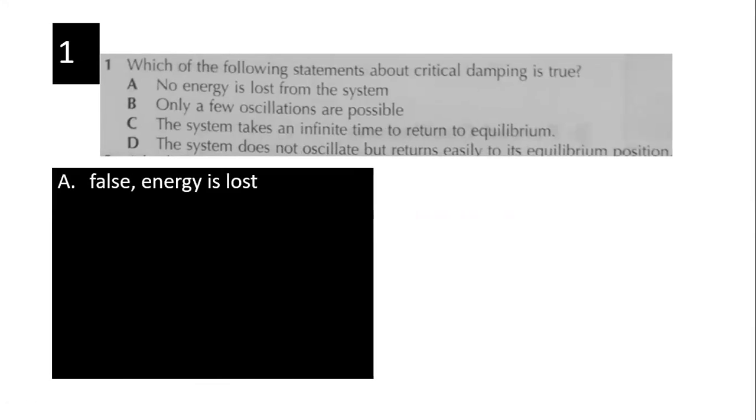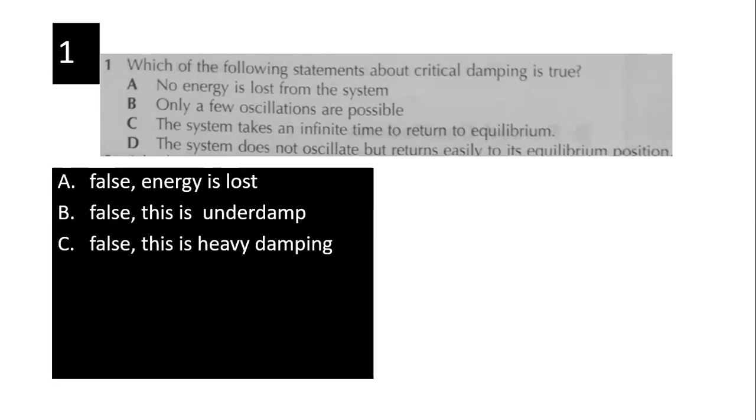No energy is lost, wrong already. In any damping system, energy is lost because it's work done against friction. Decreasing amplitude with only a few oscillations possible is light damping or underdamped. System takes infinite time is heavy damping. So your answer is the true one, correct, good.